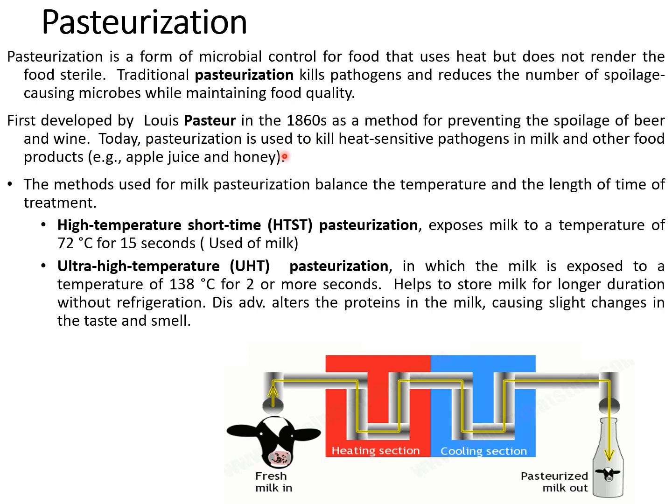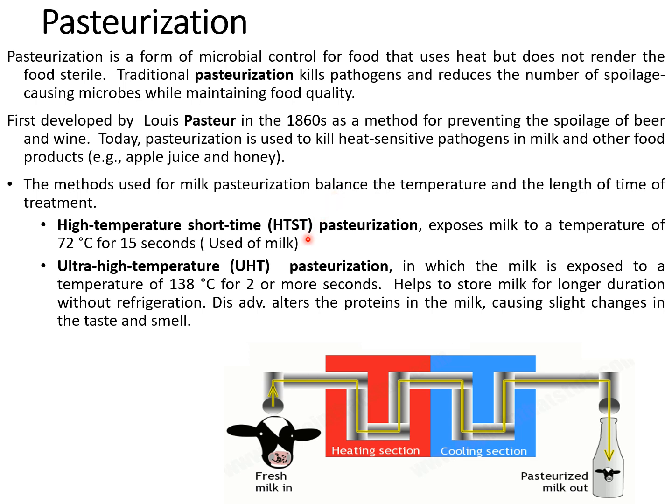Today we use the same principle to kill heat-sensitive pathogens in milk. All the milk that we get is pasteurized milk, and it is also used for other food products like apple juice and even honey.